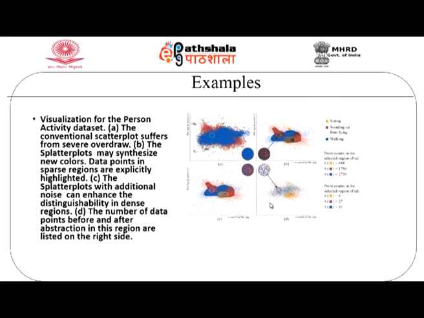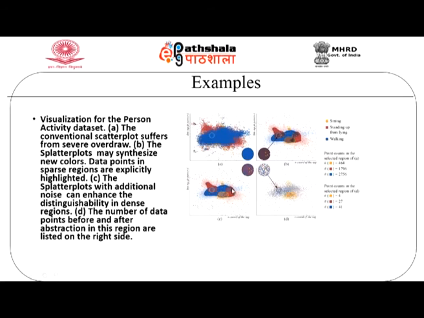This is a visualization for the person's activity data set. If we look at this visualization, figure A shows the conventional scatter plot which suffers from a severe drawback, wherein it is not possible for the end user to infer anything out of it. Whereas in figure B, we can see that the scatter plot gets converted into a splatter plot which tries to synthesize new colors. The data points that are present in the sparse regions are explicitly highlighted.